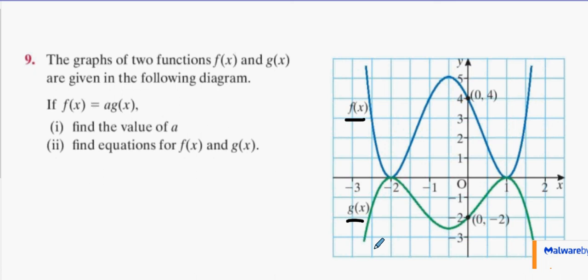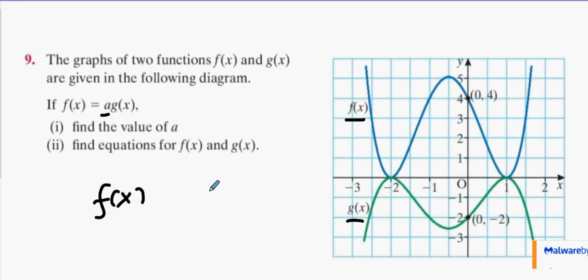f of x is twice as large. So for me, I would say that the a value, actually, you have to make f of x shorter, don't you? You have to half its height and change its direction. So how do you do that? How do you half its height?